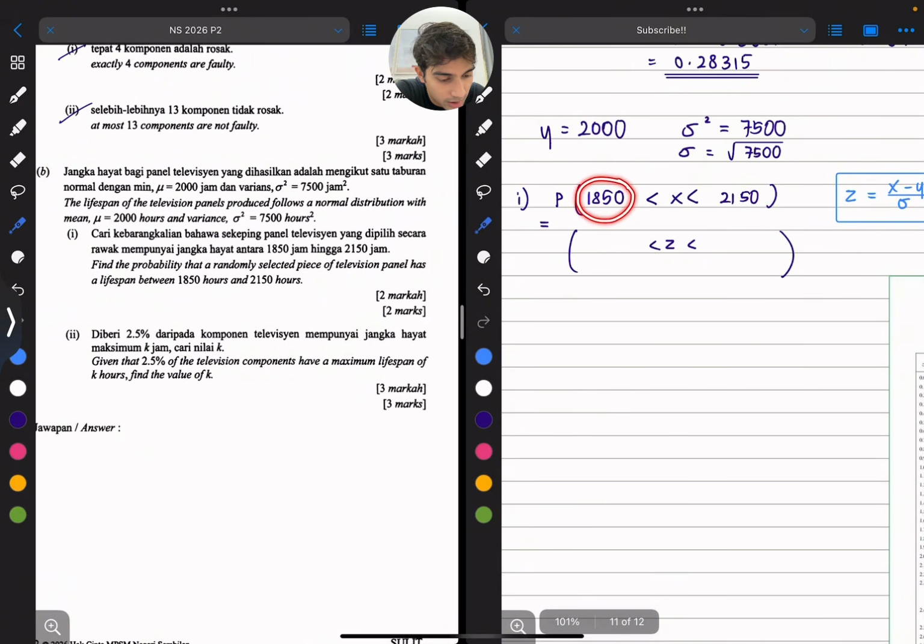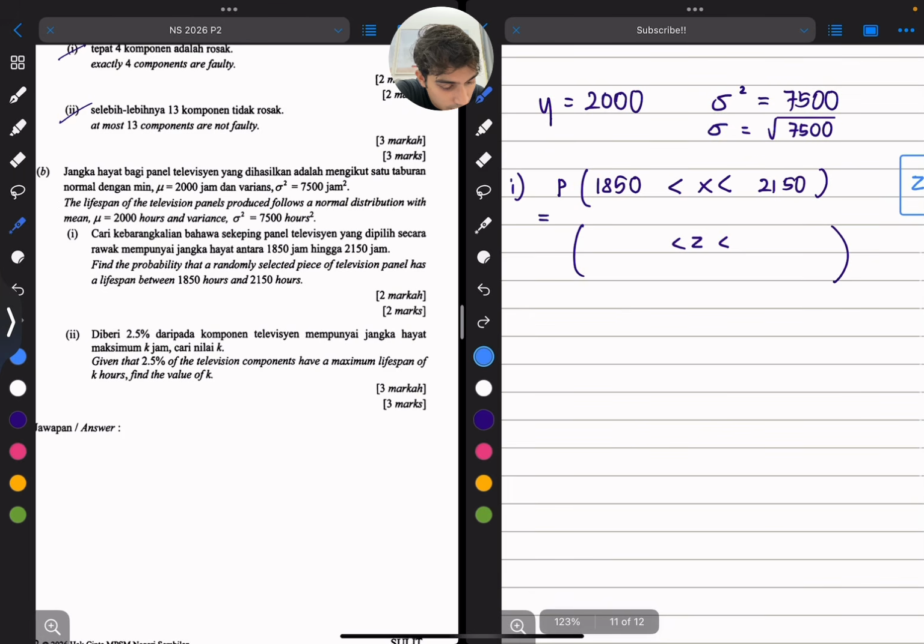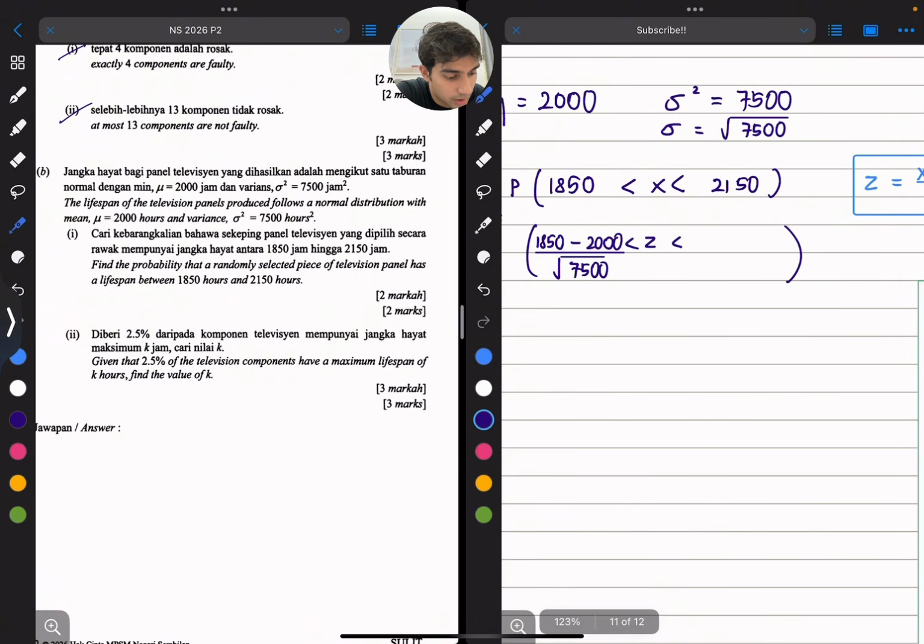So here our X is this. X minus mean, this is our mean, divided by the standard deviation. Here also the same thing, X minus mean divided by the standard deviation.